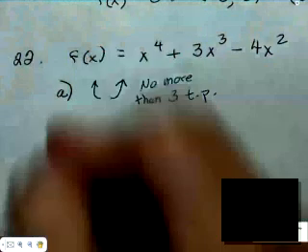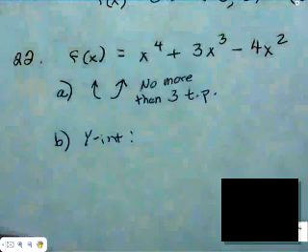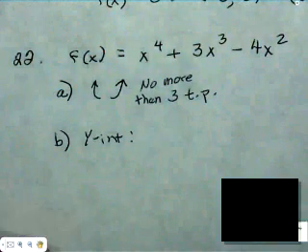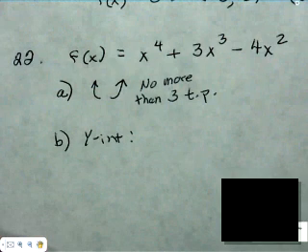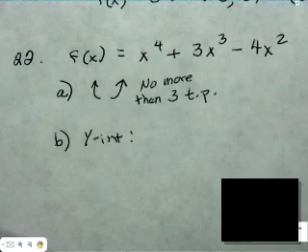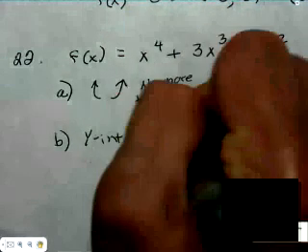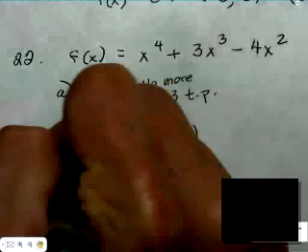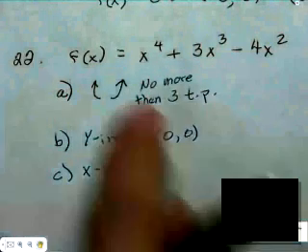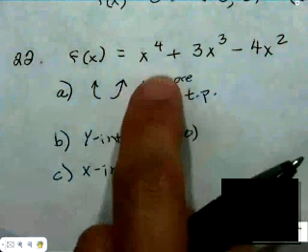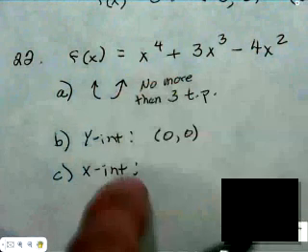What's the y-intercept of that function? Yeah, if you let x be 0, you're going to get y equals 0. To find the x-intercepts, I either have to factor that at the beginning or factor it now.